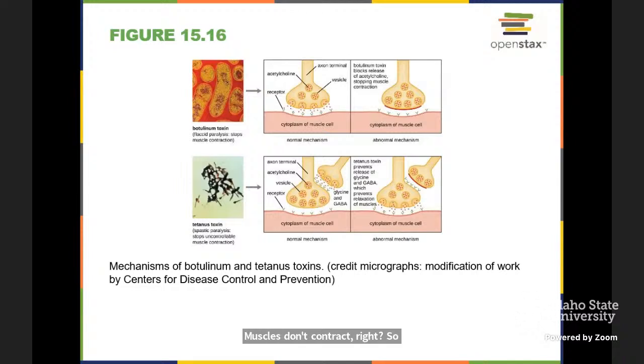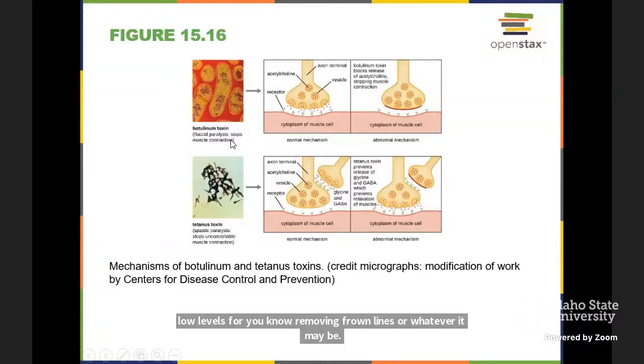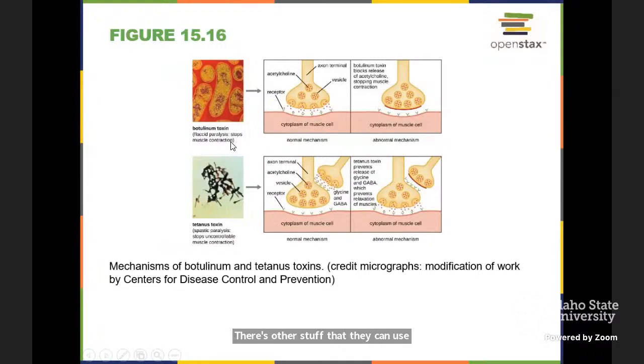And in turn, people potentially use this at low levels for removing frown lines or whatever it may be. There's other stuff that they can use it for as well. Sweating, chronic sweating, they can treat with some of that, and incontinence issues, problems with your bladder.